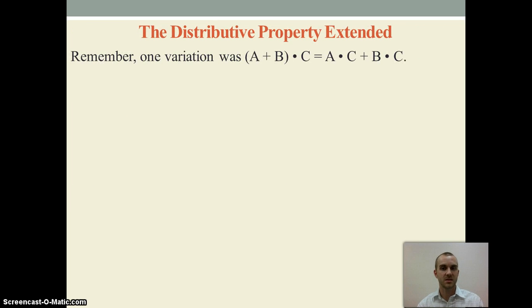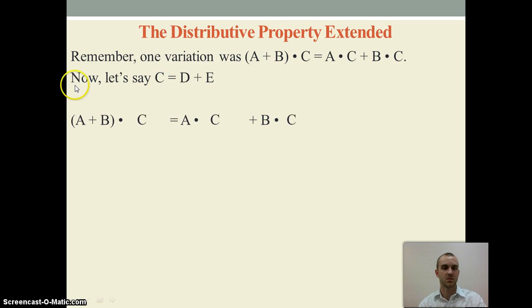I can also extend out my distributive property. If you remember, just a minute ago we talked about the fact that you can multiply backwards to quantities. Now say that I want to split that quantity that's multiplied into an addition quantity as well. So let's look at this. We know this is true because it's one of our variations.